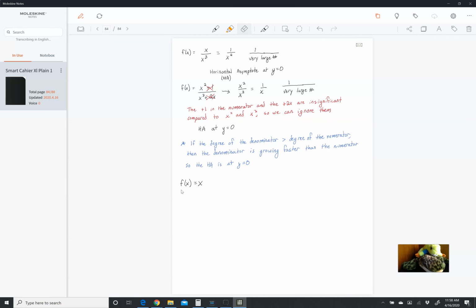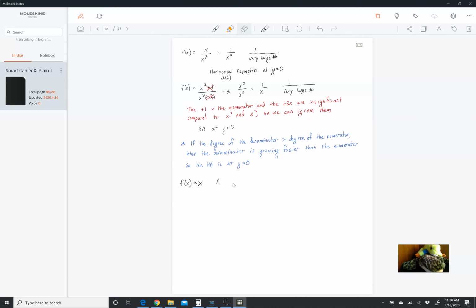You're thinking, but hey, this isn't a reciprocal function. And you're right, it's not a reciprocal function. And we can see that because we don't have any asymptotes here, right? There are no vertical asymptotes because there's no denominator equal to 0. And think about what happens as x gets very, very large. As x gets very, very large, y gets very, very large. Nothing happens to y. We don't approach anything.